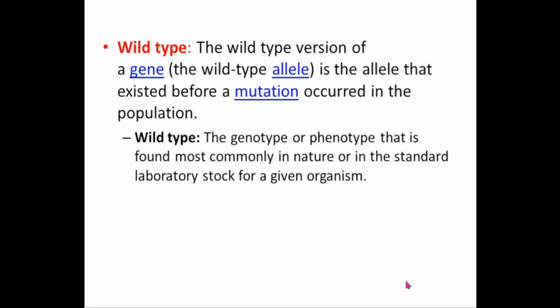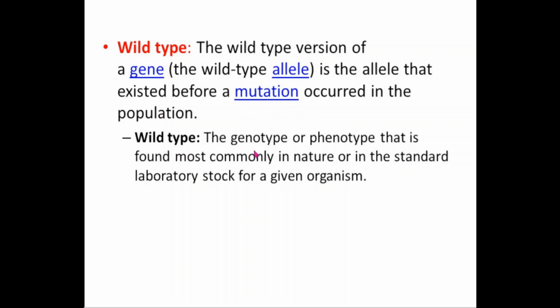What is wild type? Not wildlife, not wild animal. This is what wild type is. The wild type version of a gene, or wild type allele, is the allele that existed before a mutation occurred in the population. The original allele or the original gene we call wild type.